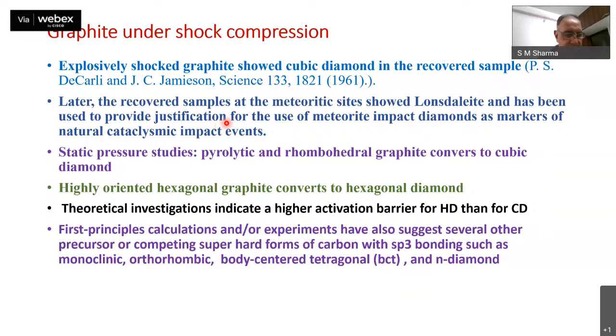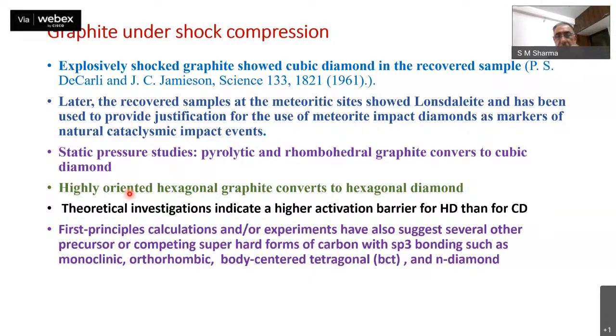On the other side, the studies of graphite under static compression have also invited a large number of studies, specifically the pyrolytic as well as a slight variation of hexagonal graphite called rhombohedral graphite, studied at times almost 6 decades back, in which it was found that these graphites transform into cubic diamond, which is the most common form of diamond known to man.